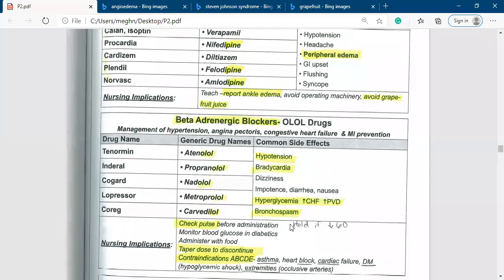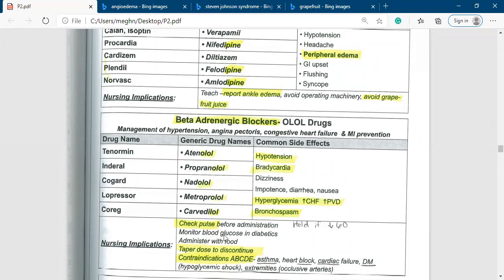What about the nursing implementation in case of beta blocker? Here, we have to check the pulse before administration. If the pulse rate is less than 60, we have to hold it, same as calcium channel blocker. Right?